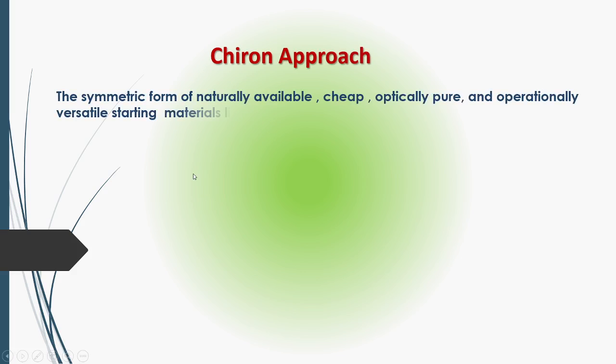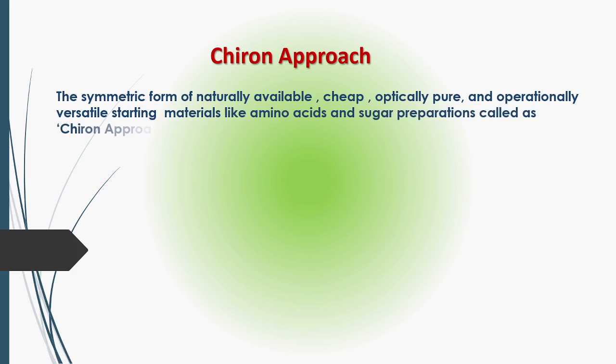So how can we define the Chiron approach? It is the asymmetric form of synthesis using naturally available, cheap, optically pure and operationally versatile starting materials like amino acids, carbohydrates and sugars, called the Chiron approach.